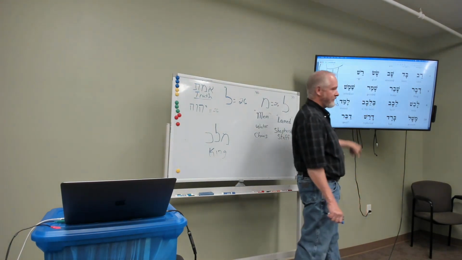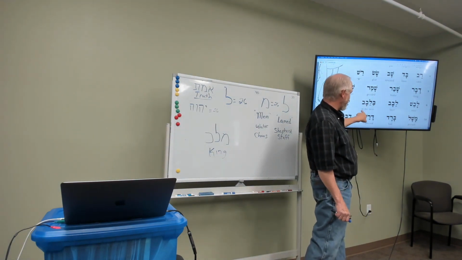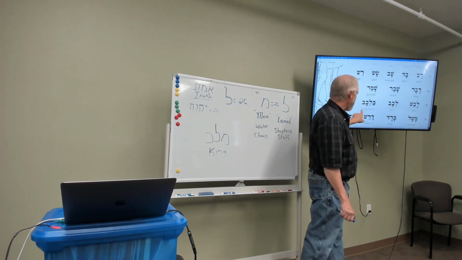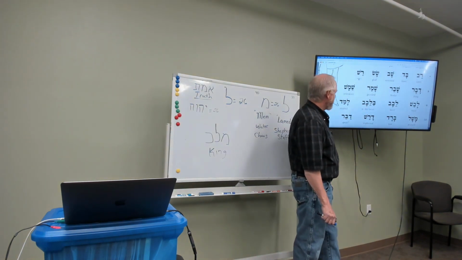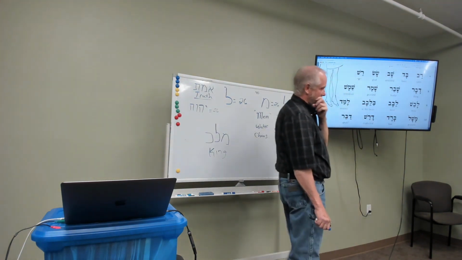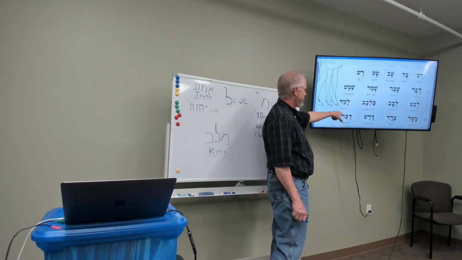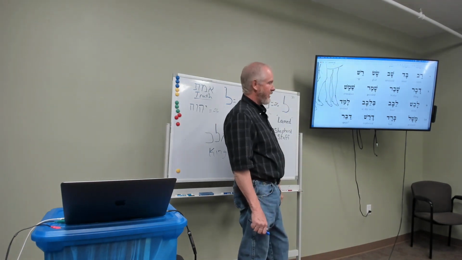Ba means house, right? But it means in also. That's where your in is. So this is heart, and then this is in the heart. You see how the bet can be a prefix and can mean in sometimes, right? Yes. Lamad.